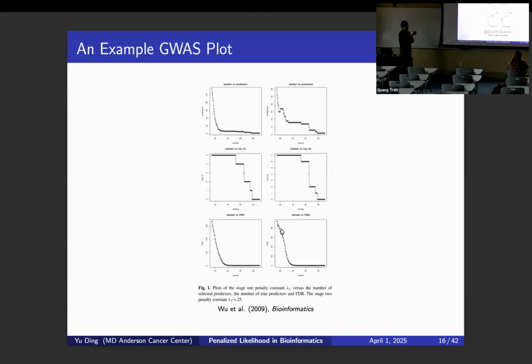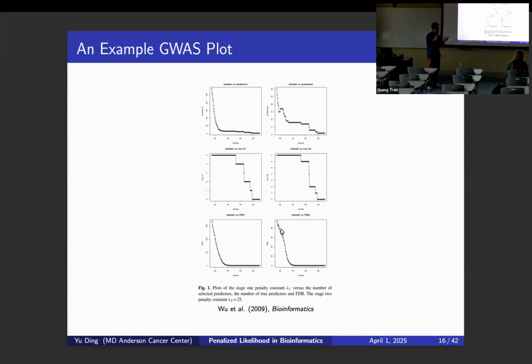So with such an idea, let's take a look at these plots. As I said, the x-axis of these plots is the value of lambda, and for the plot in the first row, the y-axis means the number of predictors having a non-zero coefficient estimation result. Think about feature selection.